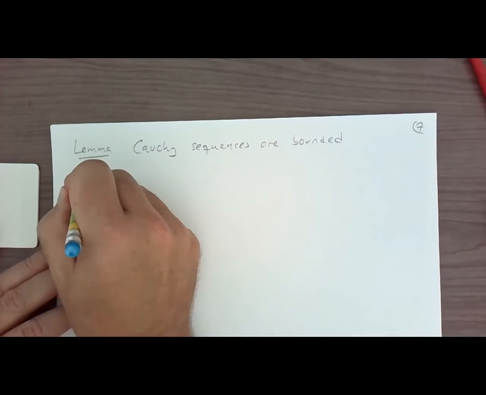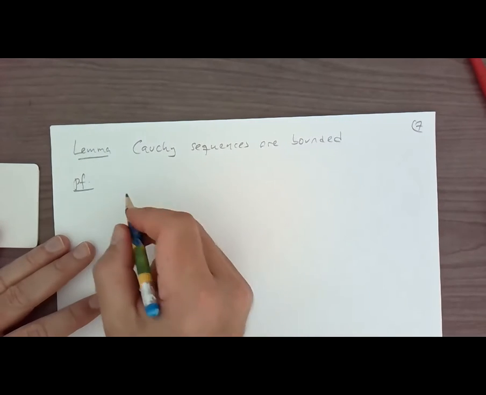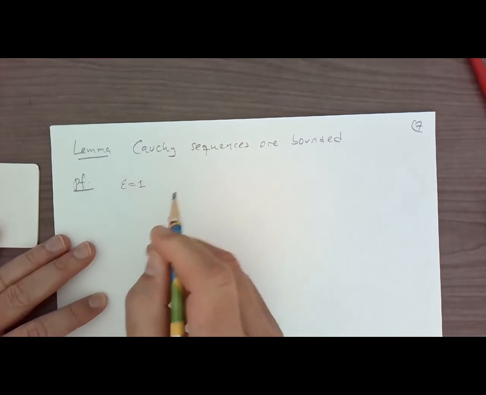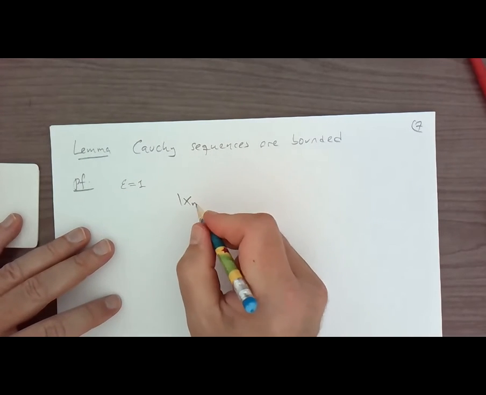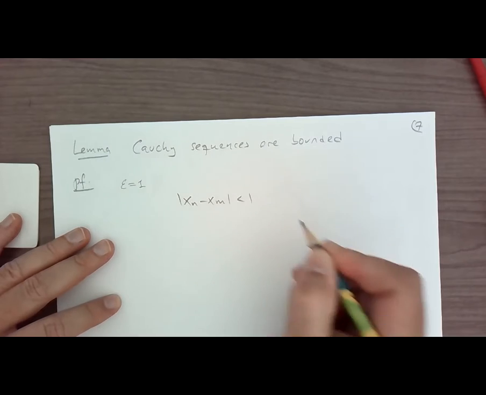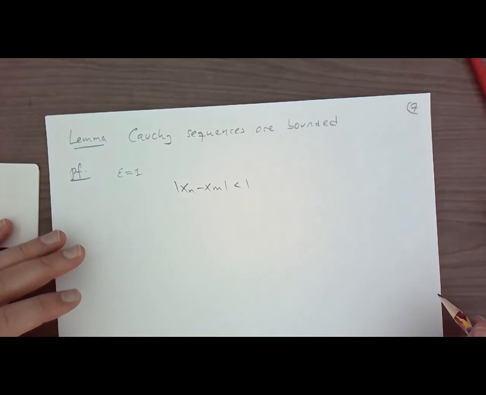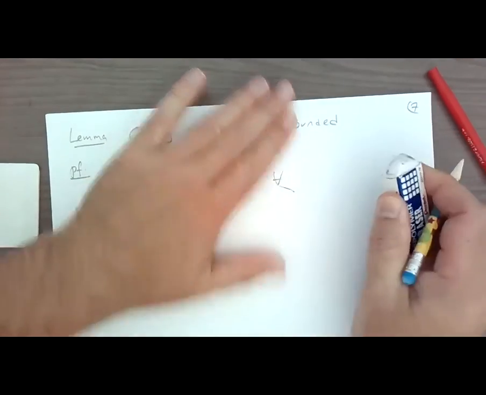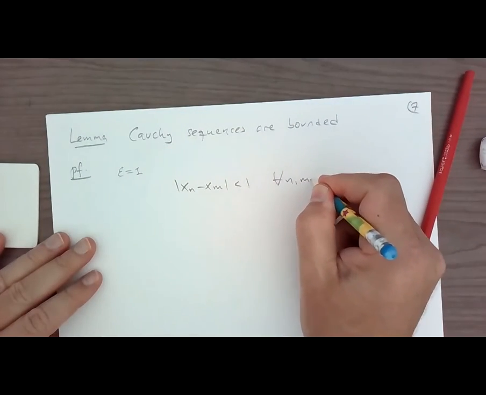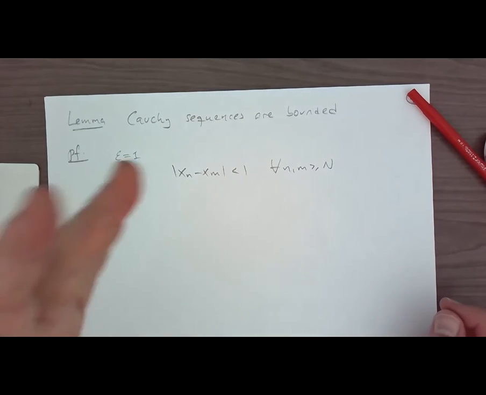So how would one prove that? Well, if you pick epsilon to be 1, for example, then you know that x_n minus x_m is bounded by 1. And this is true for any n and m bigger than some N. So this gives you control over the tail.